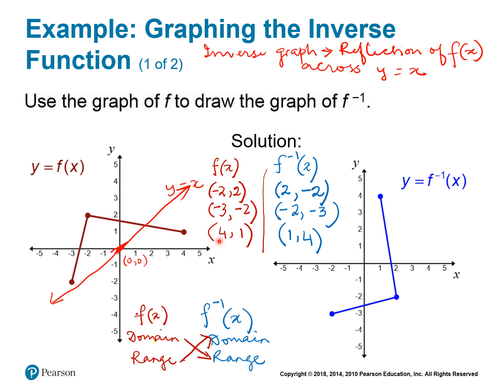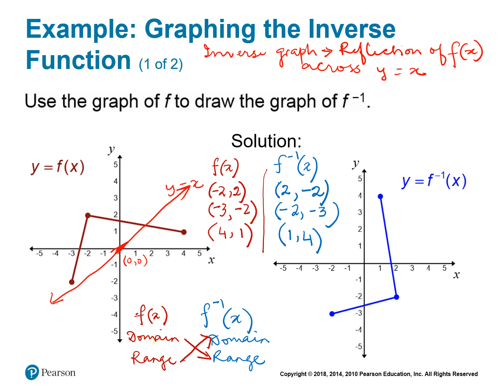What was the domain, the x value in the original function, becomes the y value of the inverse function, and what was the y value, the range value of the original function, becomes the domain, the x value of the inverse function. And now we can just plot those points and we'll get the graph of the inverse function.